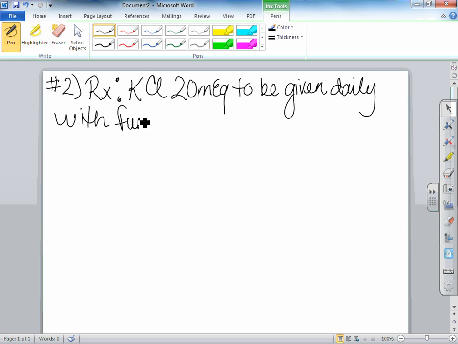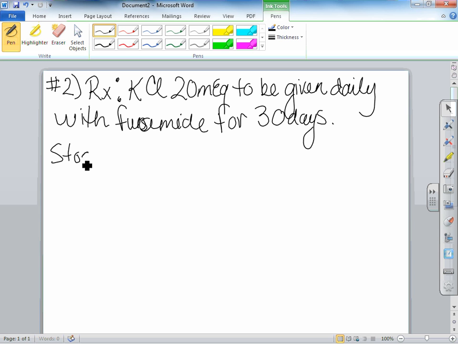Furosemide is another medication, for 30 days. It tells you that the available medication, meaning what you have in stock, is KCl 10 milliequivalent tabs.